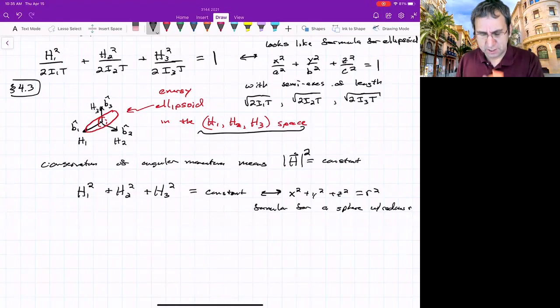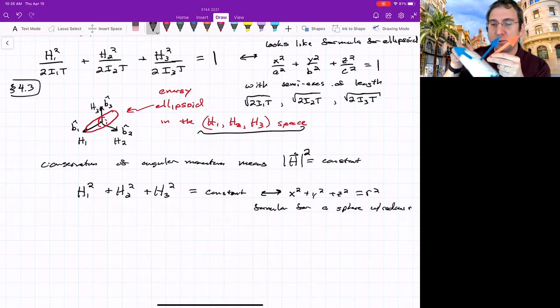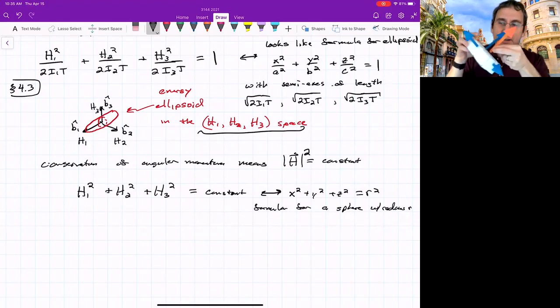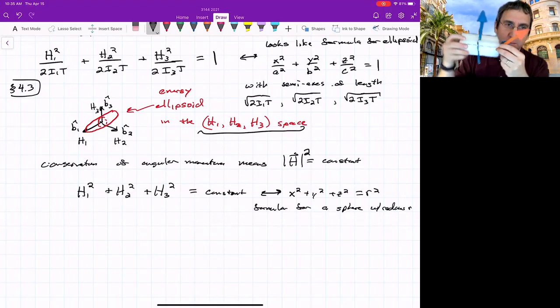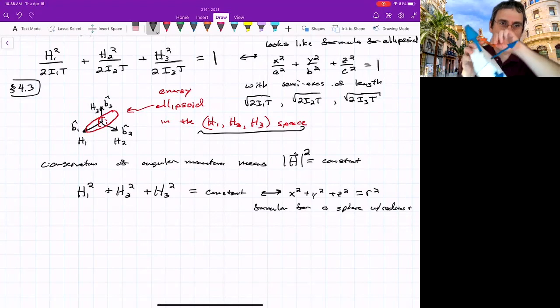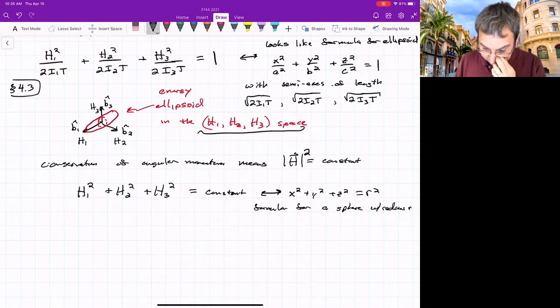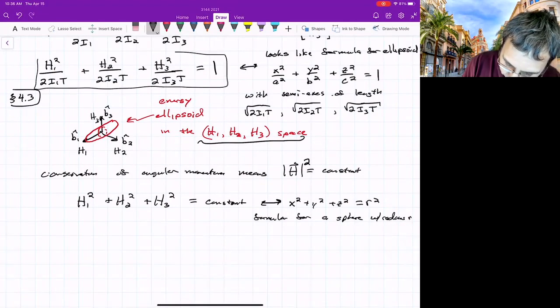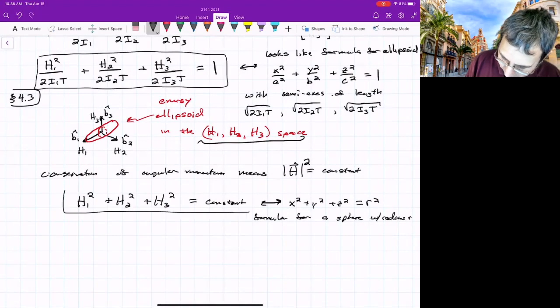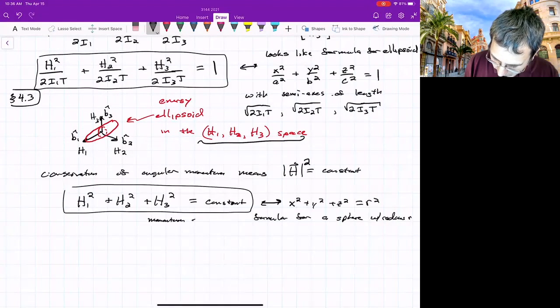Hold on, I thought you said the angular momentum is just pointing in one direction. In inertial space, yes. But with respect to the body fixed axes, it's a constant magnitude, but it could be pointing anywhere with respect to the body fixed frame. So we have these two formulas: an ellipsoid and a sphere. Let's call it the momentum sphere.